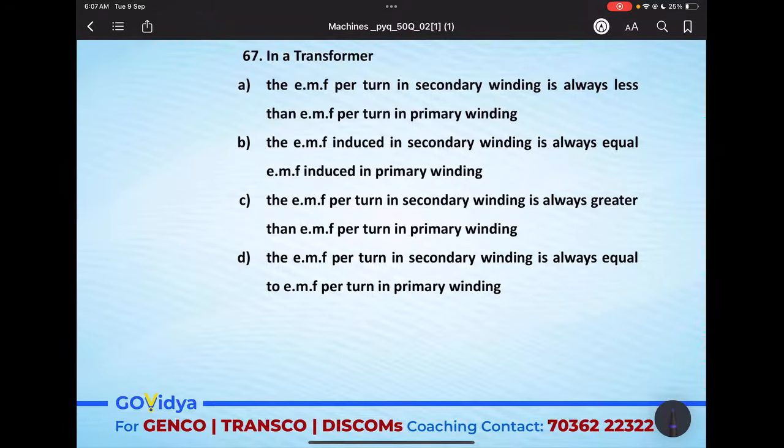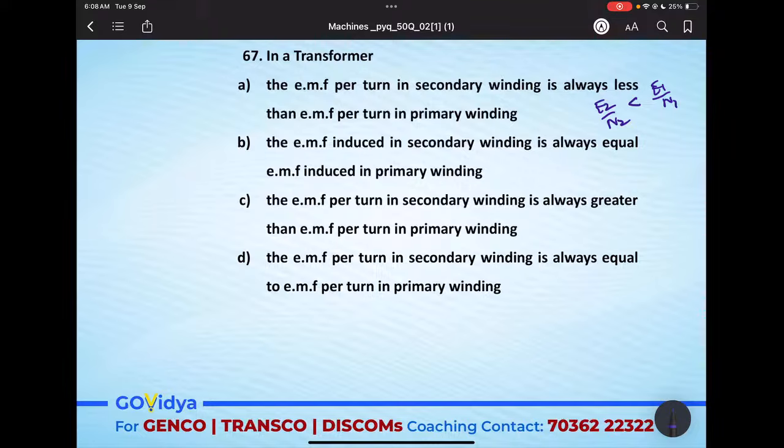The next question is given as, in a transformer, the EMF per turn in secondary winding is always less than the EMF per turn in primary winding. Next statement, you will see the EMF induced. We will write down here itself what they are telling. EMF per turn in secondary winding, that means E2 by N2, is always less than the EMF per turn in primary.